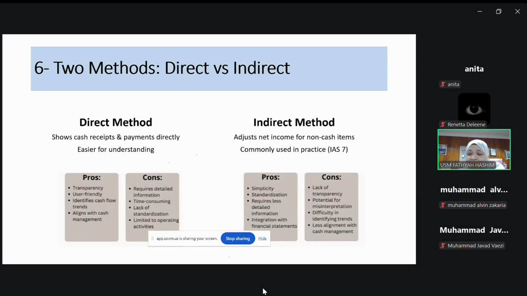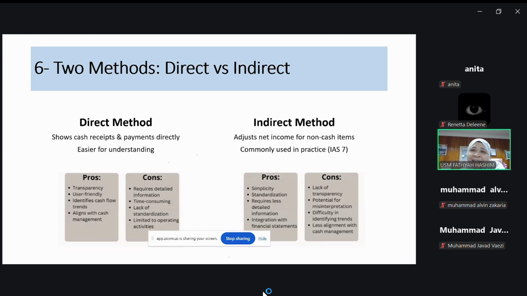Because we integrate the financial statements using the indirect method, we use income statement information as well as balance sheet information. This is true when you have the ability or competency to prepare the income statement properly and also the balance sheet properly.